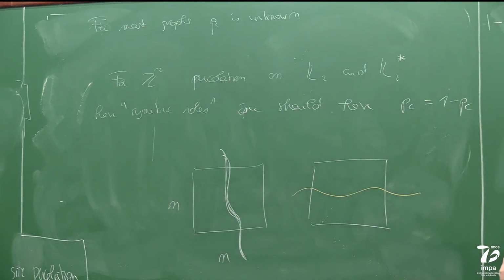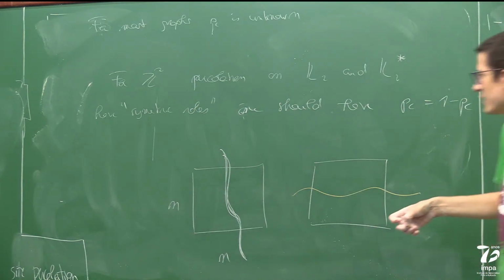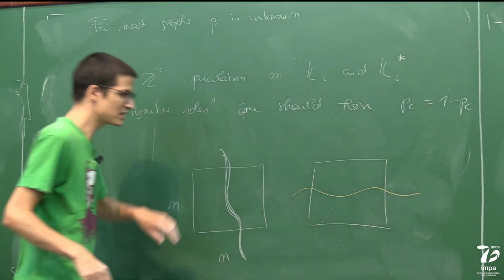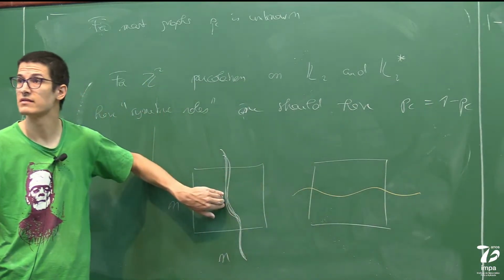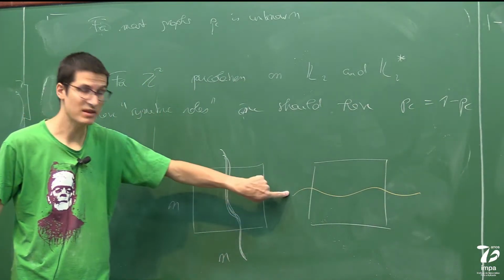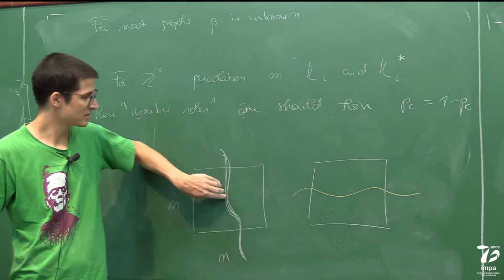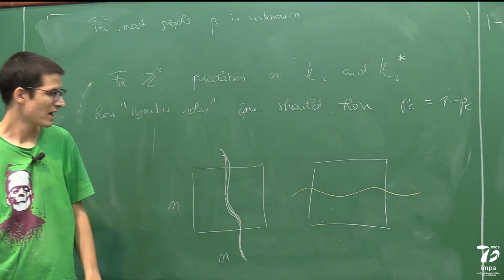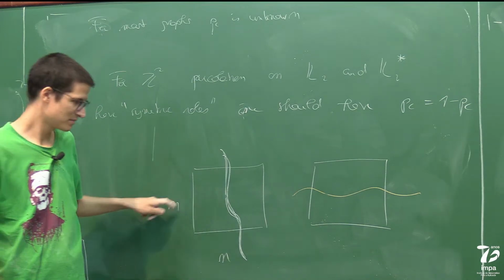And when p equals 1/2, these two things are disjoint events. If you have this, you can't have this, because this is blocking this. And if you don't have this, you have this.